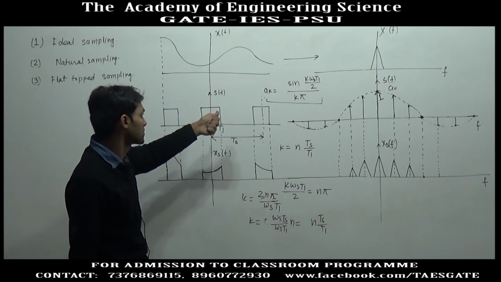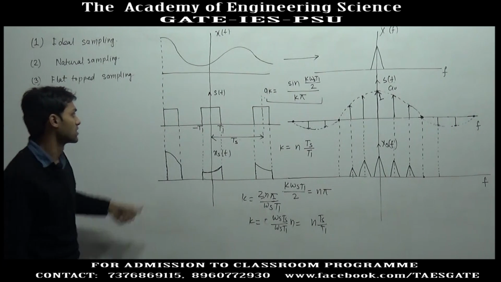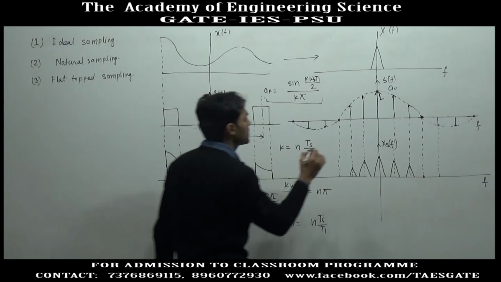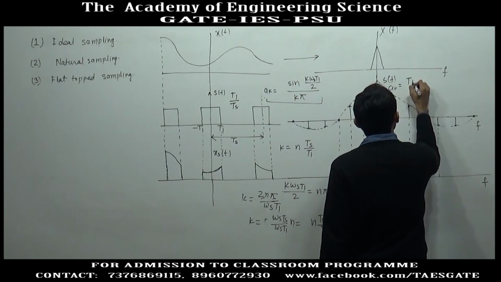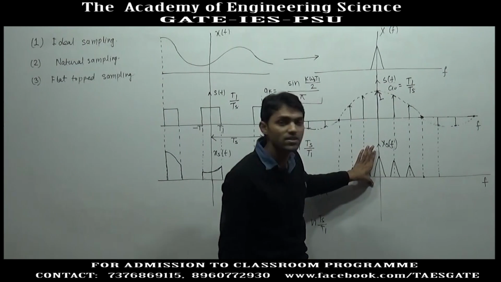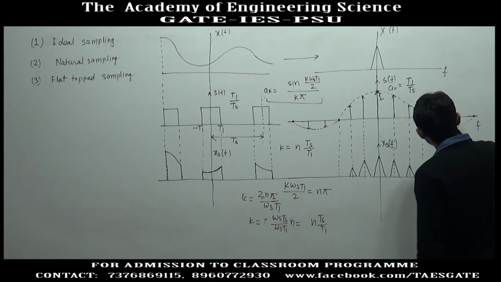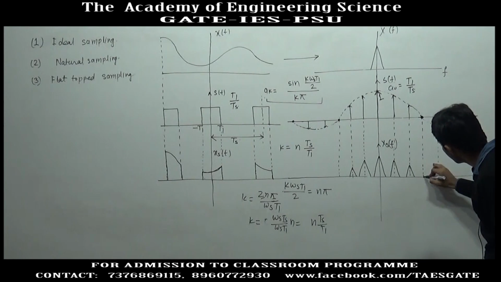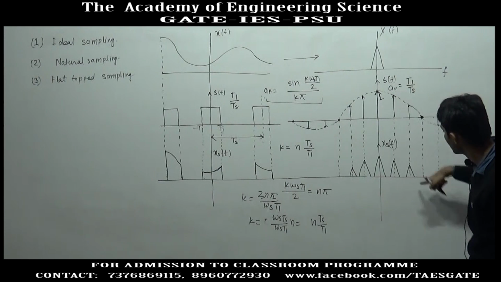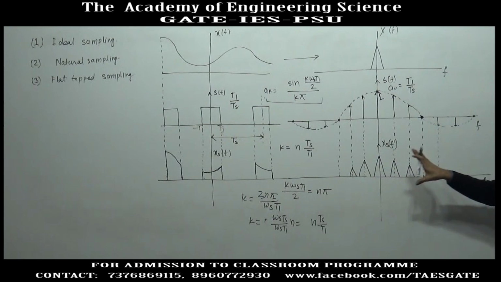In the Fourier series expansion, a naught always represents the average value of a signal. The average value of this signal is T1 by Ts, so a naught equals T1 by Ts. So the height of X(f) is modified by the factor T1 by Ts, and at this point ak is 0, so the convolution there gives a 0 signal. This is the frequency transform of the sampled signal.